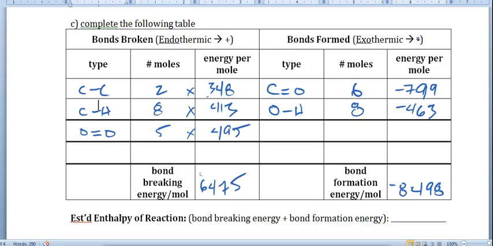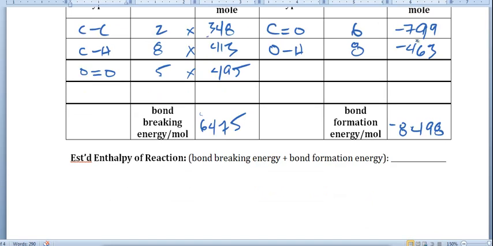That is, it's contributing towards stability. And so when we come up with the overall estimated enthalpy of reaction, we simply add the bond breaking energy to the bond formation energy, paying attention to the signs. And I think you can see that overall this is a negative enthalpy.